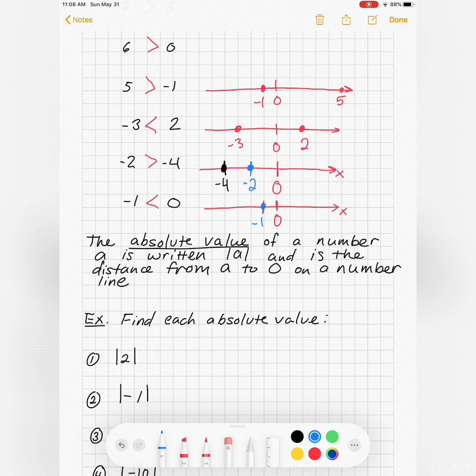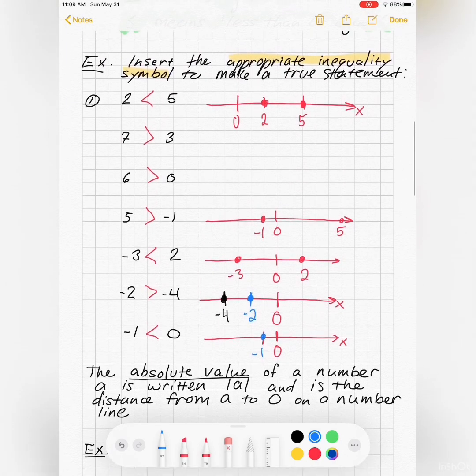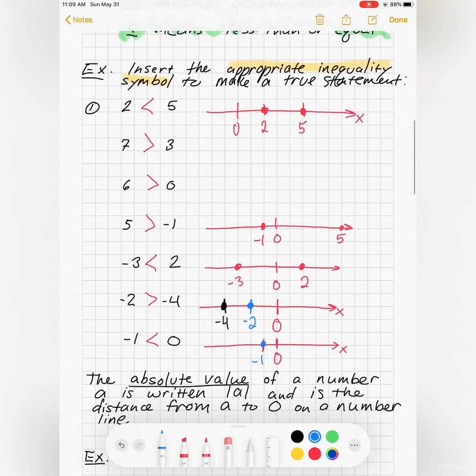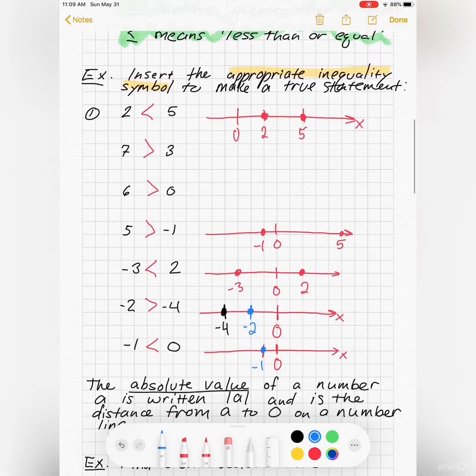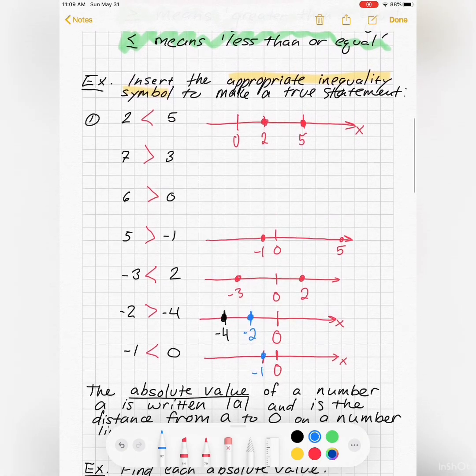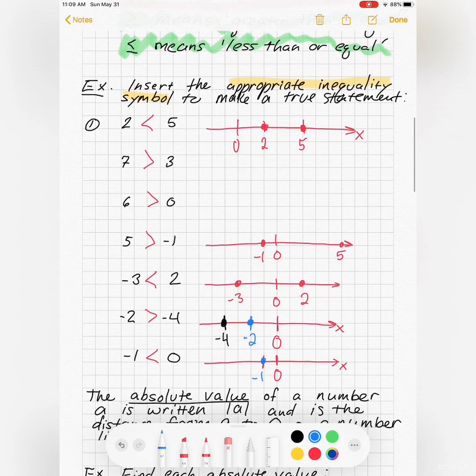So -1 is to the left of 0. -1 is less than 0. Okay. So if you want to include the number lines here, you can. If you kind of already know how to fill these inequality symbols in, it's okay to just go ahead and fill those in.